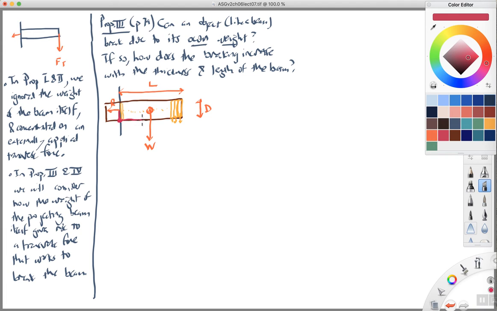This would be the distance from the fulcrum of that weight. So we can consider the breaking moment to be equal to the weight of the beam itself times the lever arm, which in this case would be L/2. That is halfway down the beam.